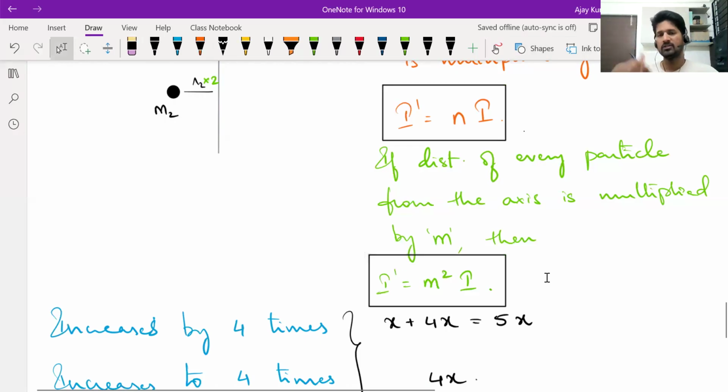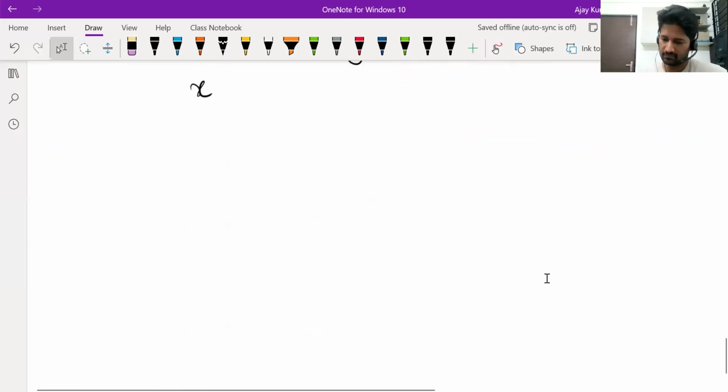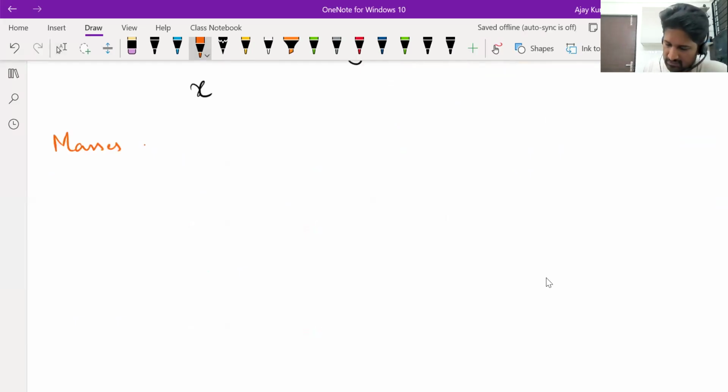Okay. What if both are done? Masses are being multiplied by a factor n, distances are also multiplied by a factor m. Then how much will the moment of inertia be? All masses are multiplied by n and all distances are multiplied by m.